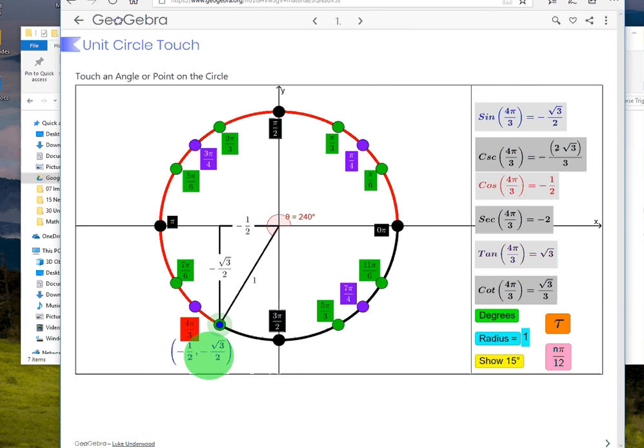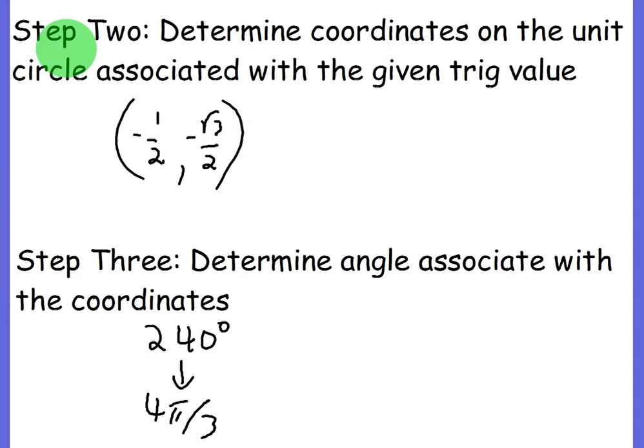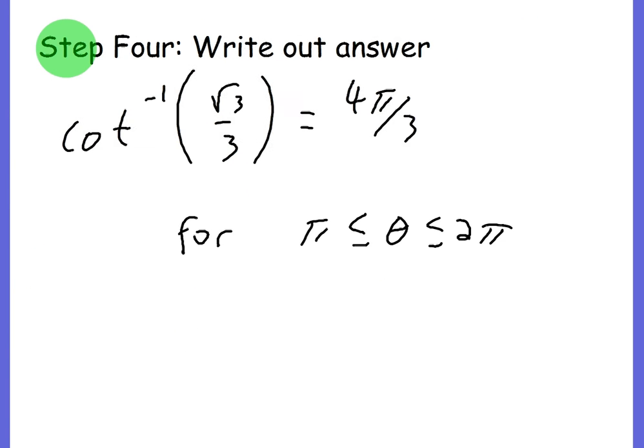So going back to our final answer here, this is our point on the unit circle where tangent equals square root of 3, which is 4 pi over 3. Since tangent equals square root of 3, cotangent must be equal to square root of 3 over 3, so cotangent inverse of square root of 3 over 3 is equal to 4 pi over 3, which lies between the interval pi and 2 pi.